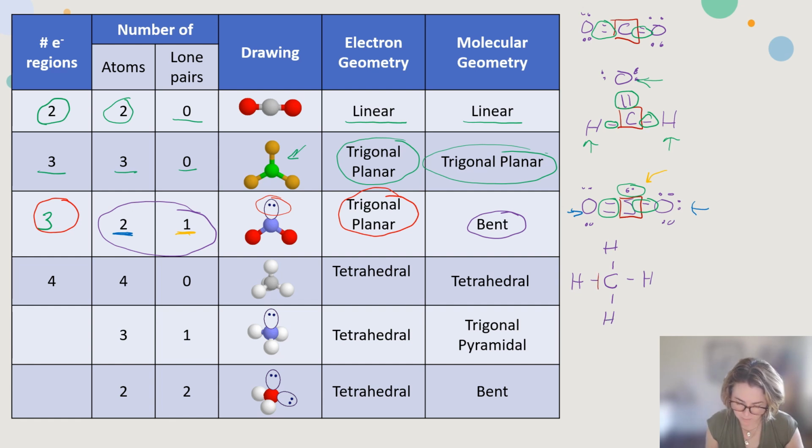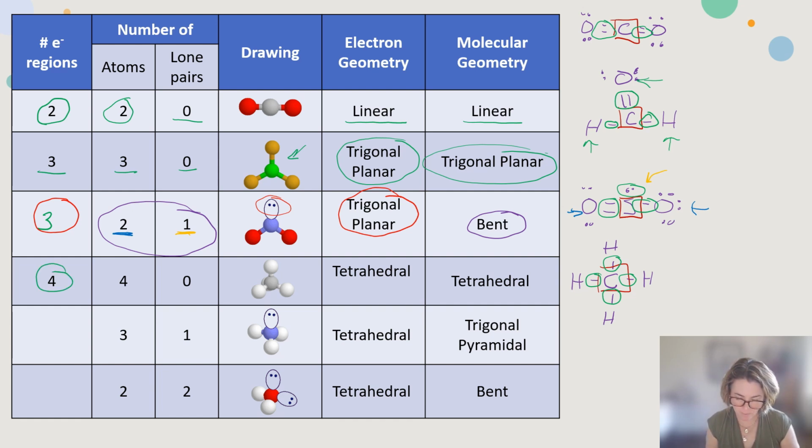Again, I want to put a box around my carbon, around my central atom, and now I'm going to go ahead and count up all of the regions around that central atom. And I have 4 single bonds, so that is going to give me 4 electron regions.